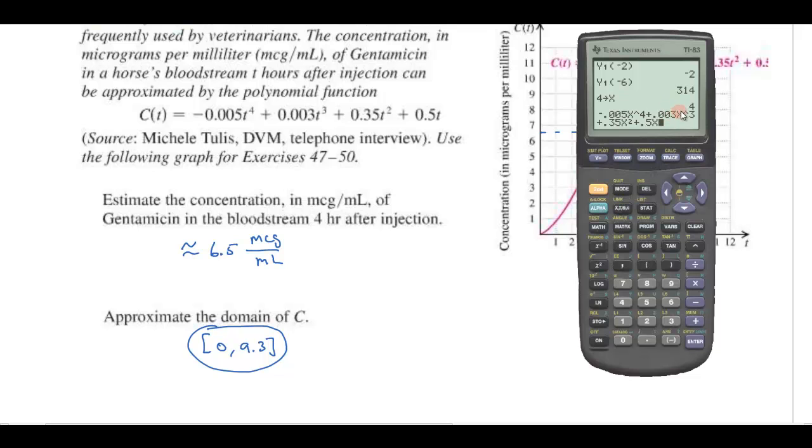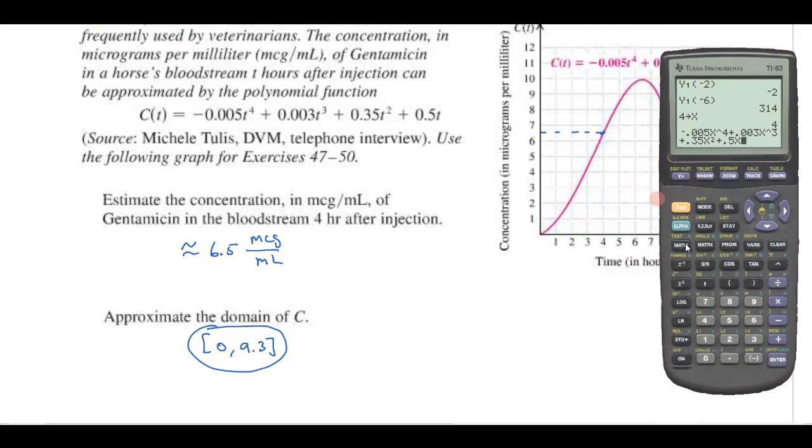And when I hit enter, that will have replaced x with 4, and hopefully we'll get something close to 6.5, which is what it's supposed to be on the graph right there. And sure enough, that does give me about 6.512. Okay?